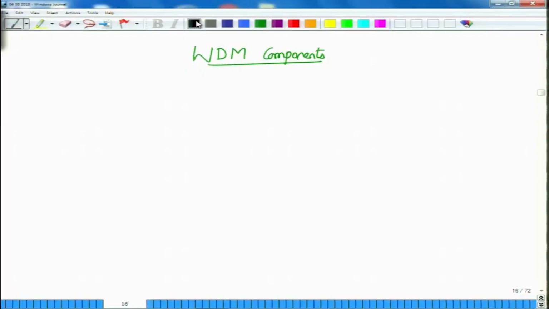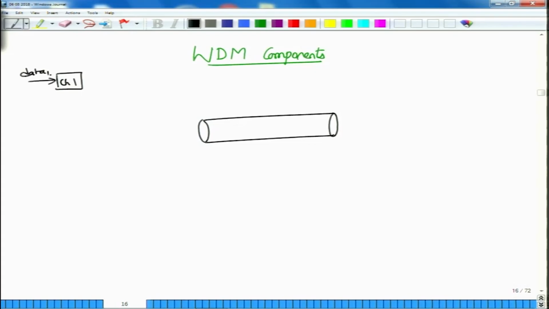First, if you look at the fiber itself, as I said, the fiber has the capacity of carrying many channels. So, you have your channel 1 with some data that is coming in from a user or some other computer terminal, or aggregate data or voice data. There are various data from various sources, and then you have these multiple channels.